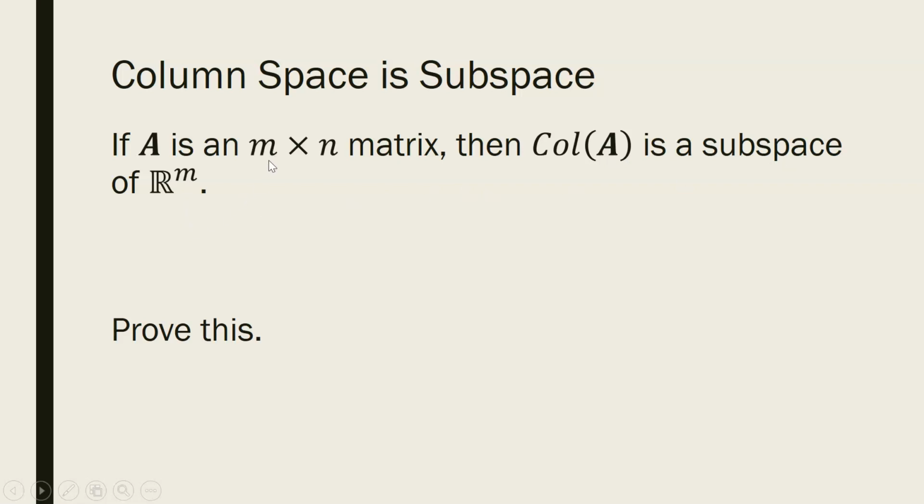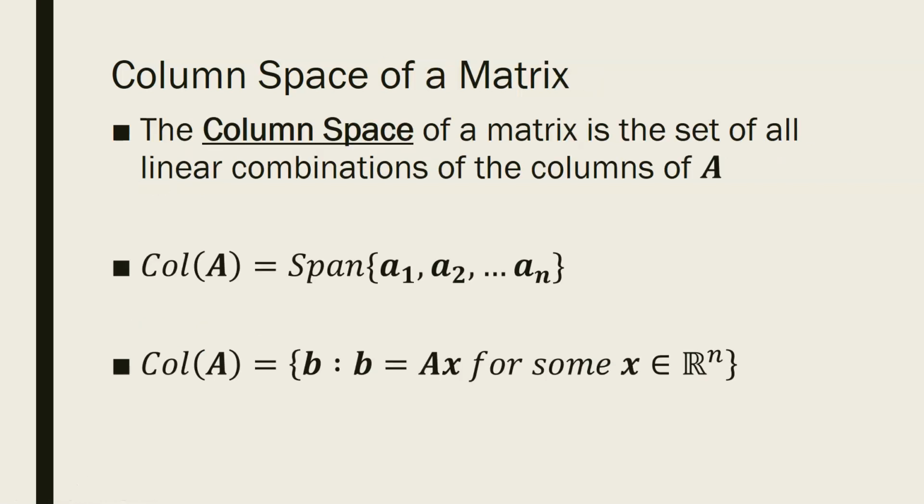Think of what the column space is. It's a bunch of linear combinations of vectors from the columns of A. Well, the columns of A have m rows. So when you add those things up, what we're going to get is still a vector with m entries. If you take linear combinations, they all have m entries.